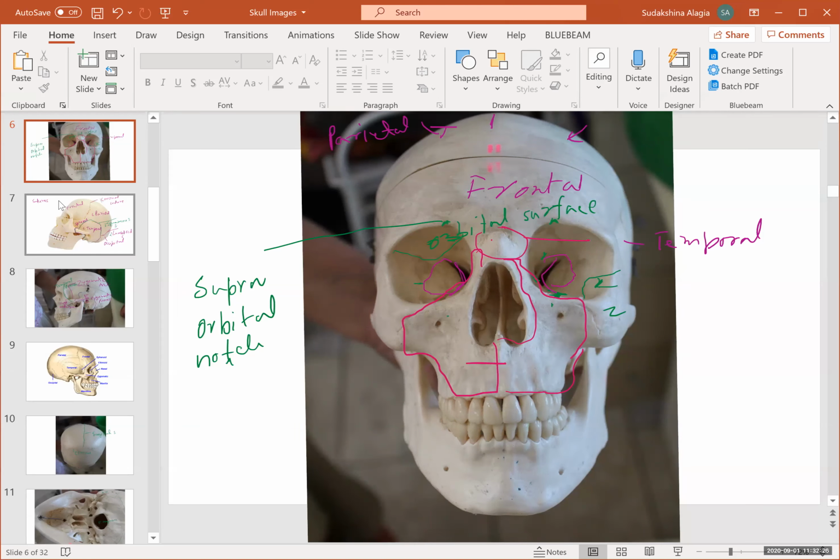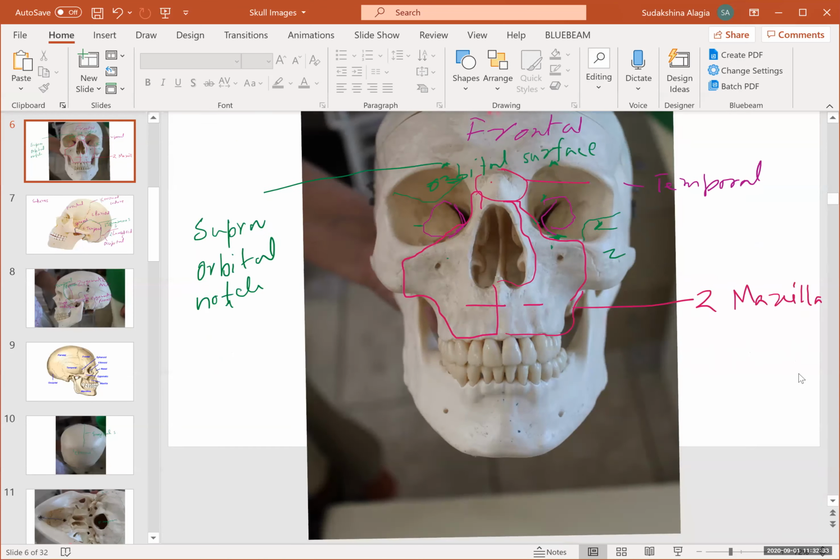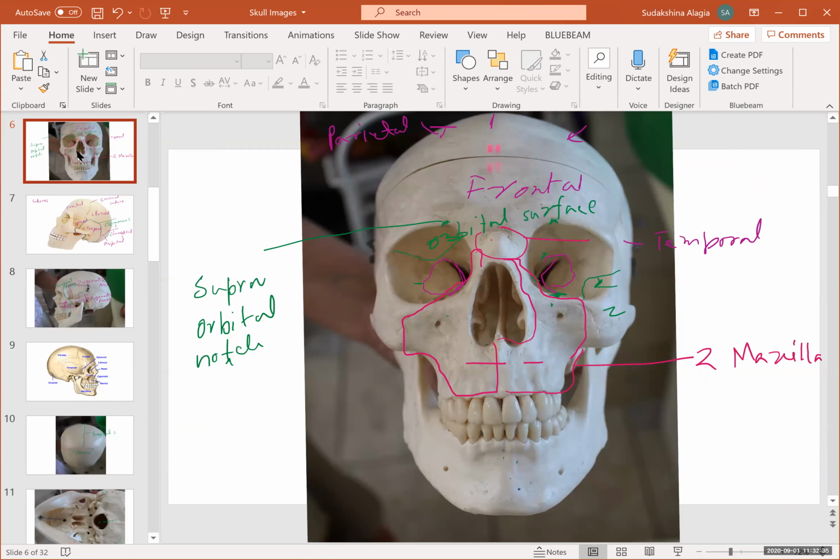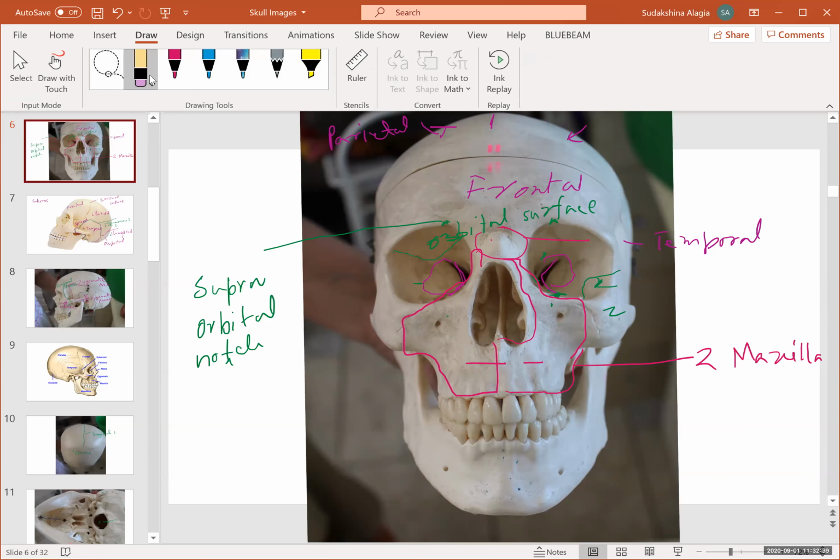So these two are the two, just a second, let me erase that, maxillary bones.